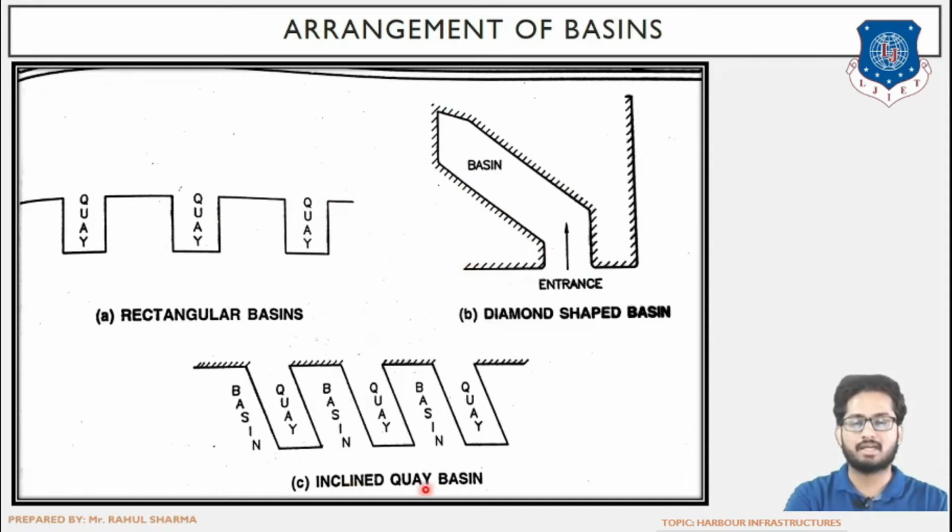And next is the inclined quay basin. So this is representing the inclined shape of the basin. And again, as we can see, the terminal facility for loading unloading is provided adjacent to the basin. So these are basically three shapes, and as we can see here, more or less the straight line is preferred.